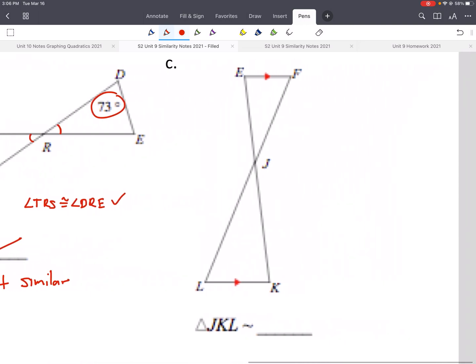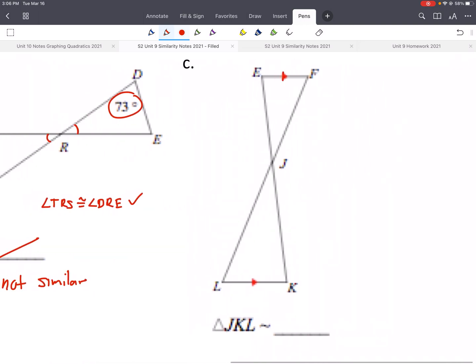Okay? Here's another example. These little triangles mean that the lines are parallel, which means that this is a transversal. And that tells us also that these two angles are congruent, by alternate interior angles. So like before, we've done something like this, and we said this angle is congruent to this angle because they're alternate interior angles.